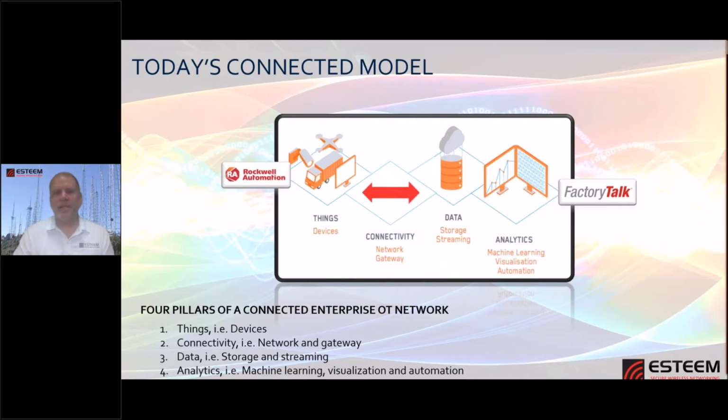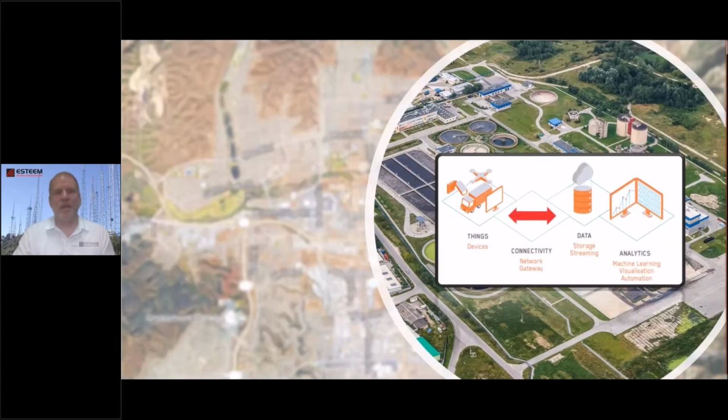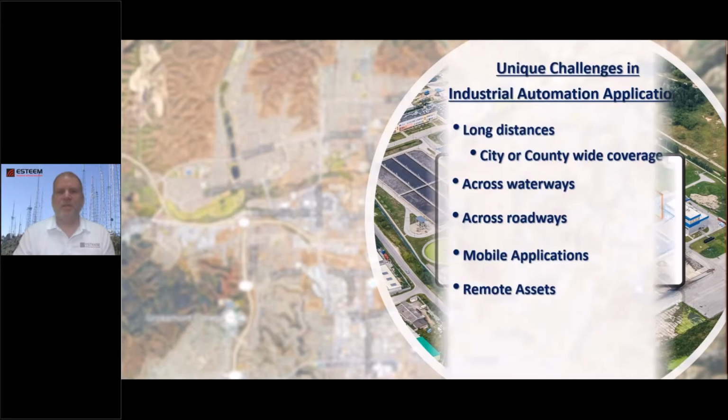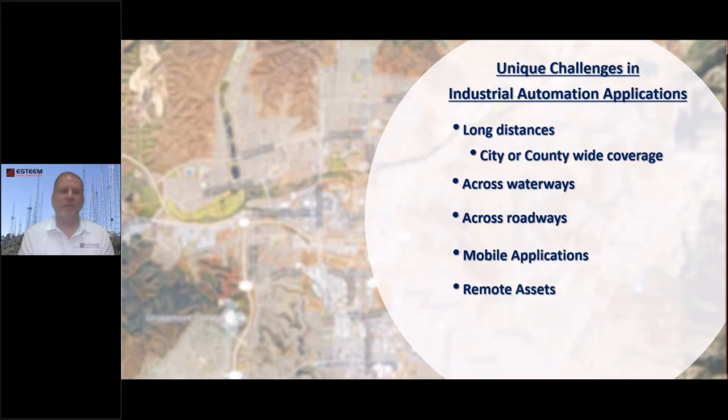Now, when we take that connected model and apply it into the industrial automation market, or some of these heavy industries, whether that be water, wastewater, oil and gas, mining, and so forth, there are a couple of things we have to deal with that are a little bit different. In those types of applications, we usually have unique challenges.